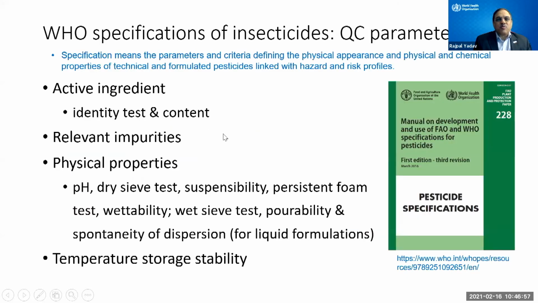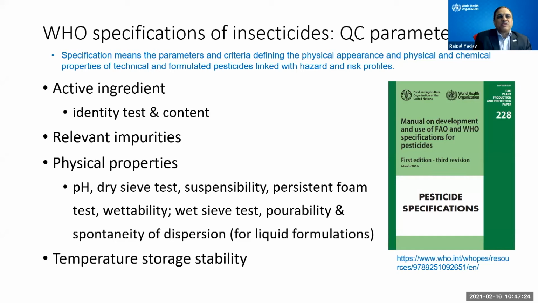Then going forward, WHO has been setting WHO specifications of pesticides or insecticides for quality control purposes. Earlier this responsibility was with the WHO Pesticide Evaluation Scheme, which I headed for several years. Now since 2017, this responsibility has been handed over to a new unit in WHO called the Prequalification Unit.